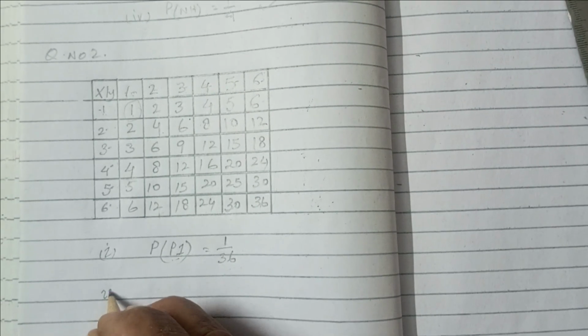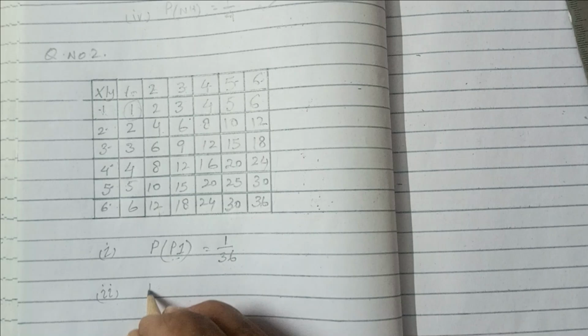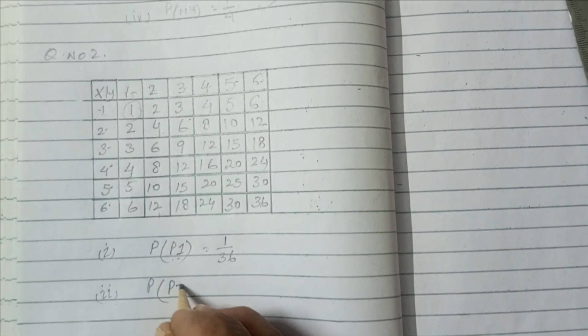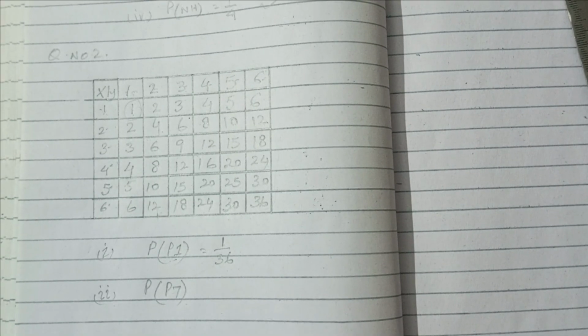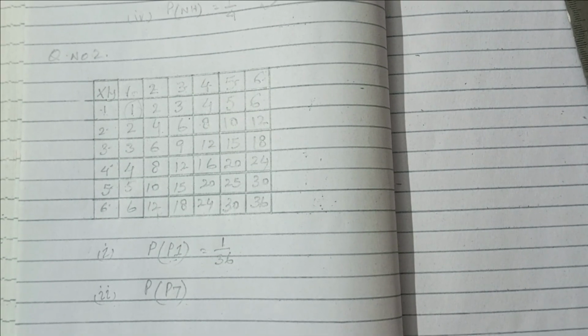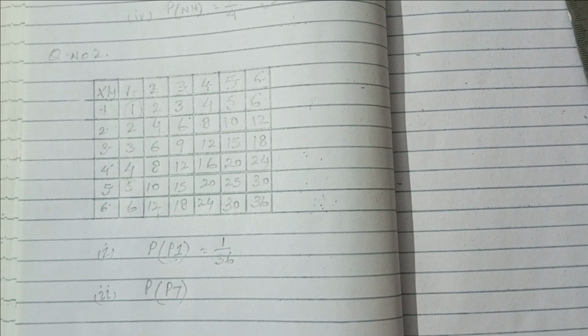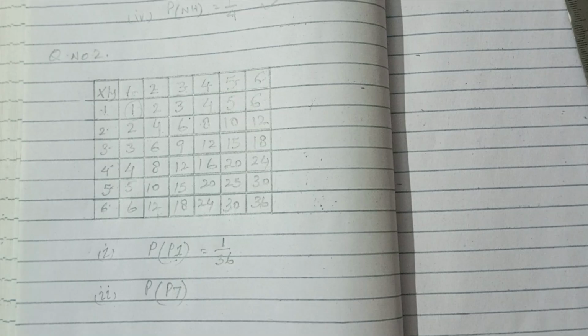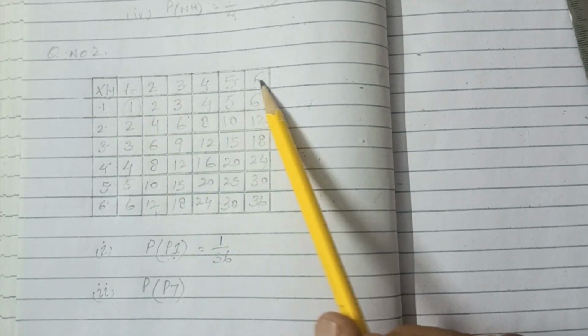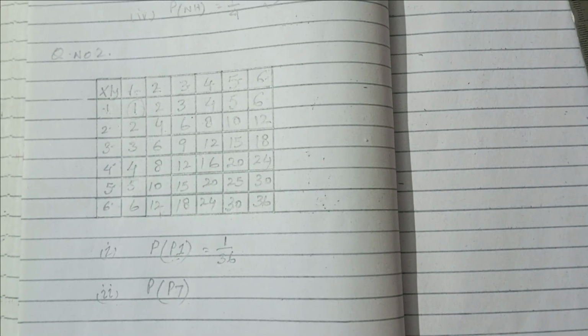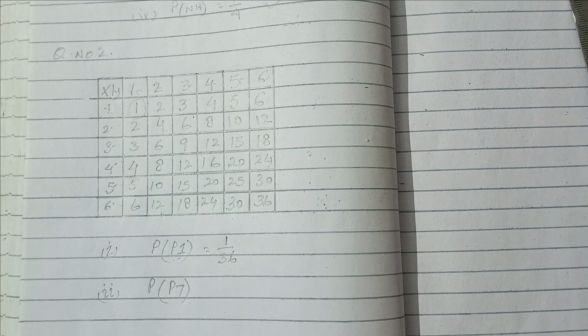Now part 2, the product is 7. How many possibilities are there in which the product is 7? There shouldn't be any possibility, because this table does not contain 7, from here and from here. Therefore it is impossible to have 7 as a product.